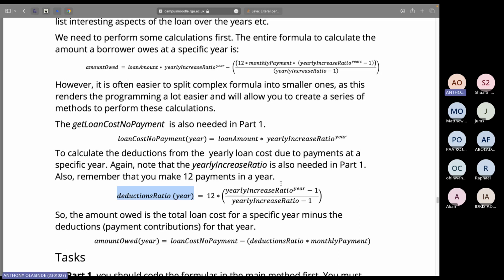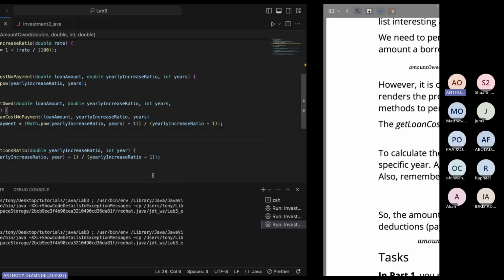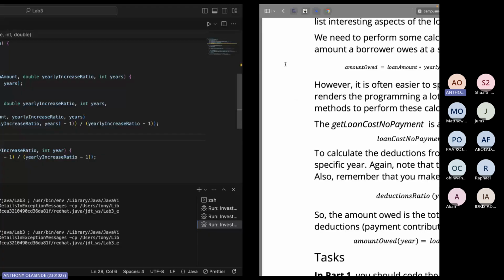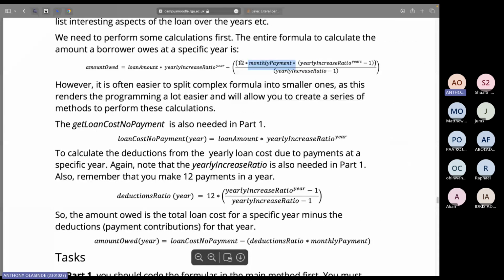This is the same thing as this minus just this one, which we could easily multiply by monthly payment here. So I think we've done deduction ratio. Because we've already taken care of 12, we've taken care of year minus 1, we've taken care of this one, we can say deduction rate multiplied by monthly amount.